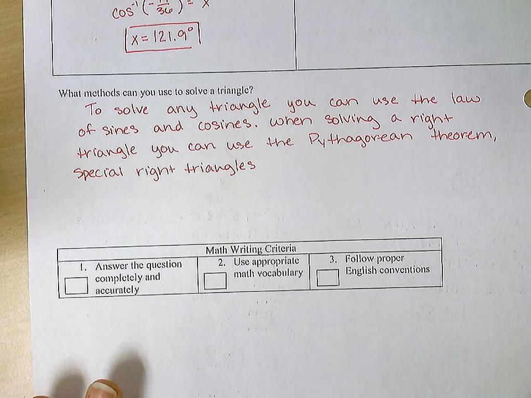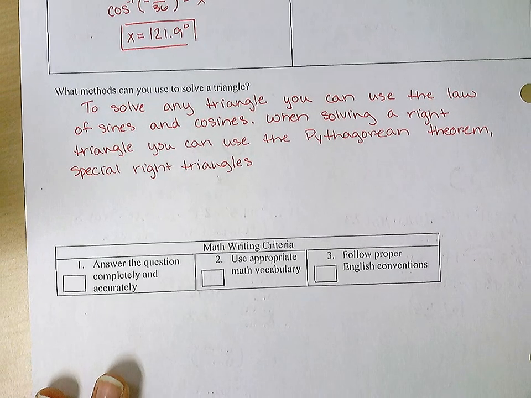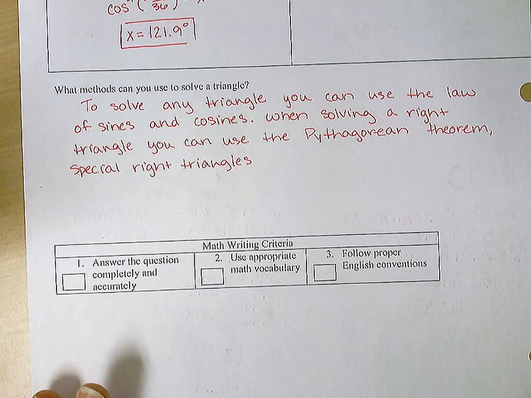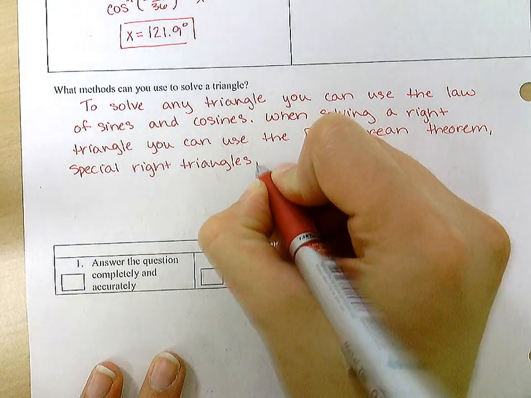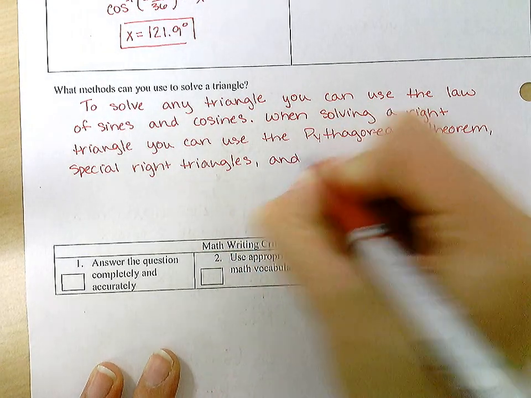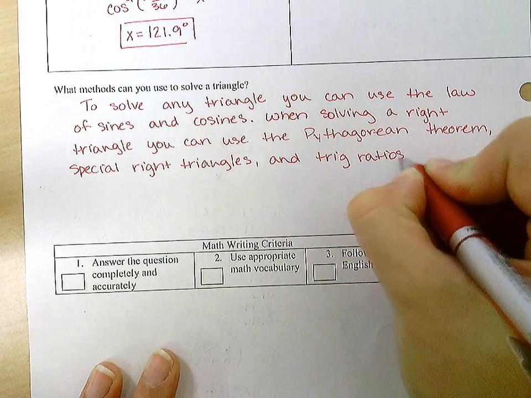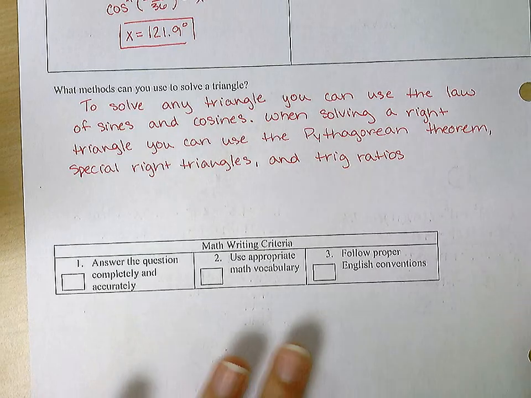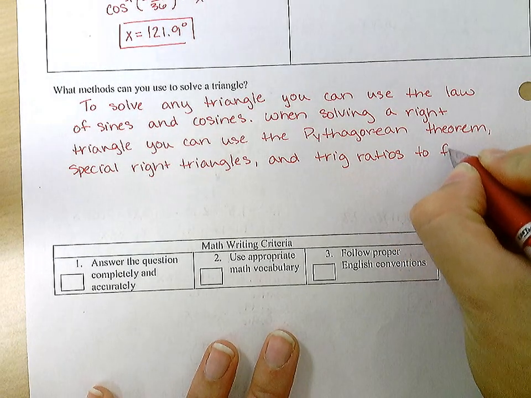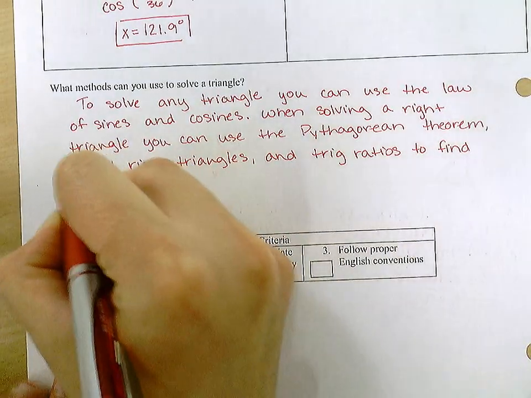What else? What else can I use to solve a right triangle? SOHCAHTOA. That's called a trig ratio. To find sides and angles.